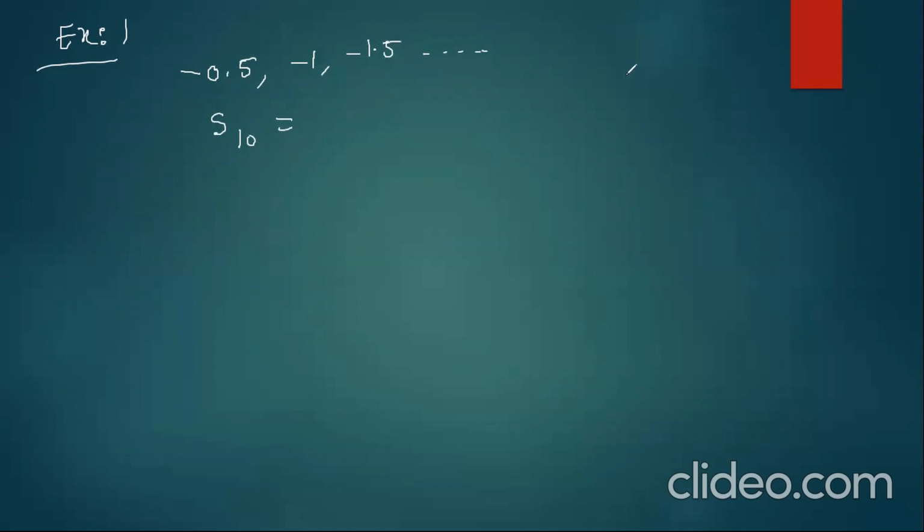First let us write the formula, because what are the variables we have? Sn is equal to n by 2 into 2a plus n minus 1 into d. So here a is equal to minus 0.5, and d is equal to t2 minus t1, right?